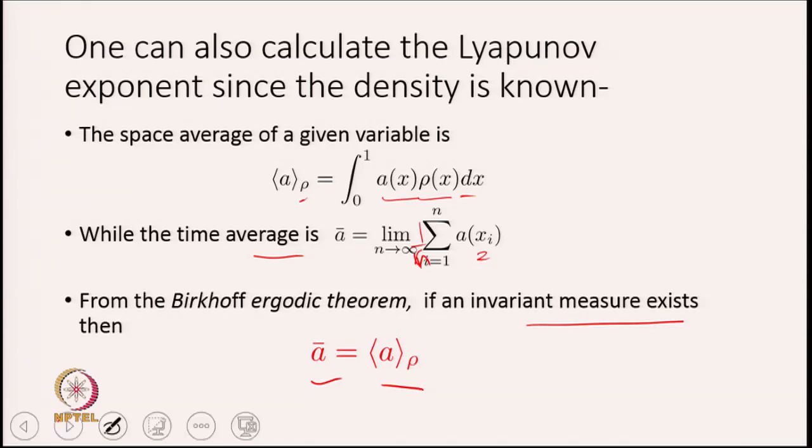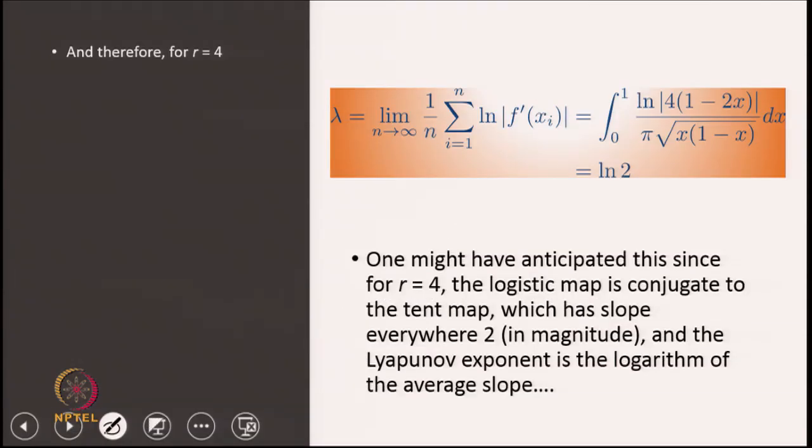And we notice that the Lyapunov exponent was defined as a time average, namely lambda was given as the limit of n going to infinity of 1 over n times the sum of the logarithm of f prime of x i, this particular average over here.